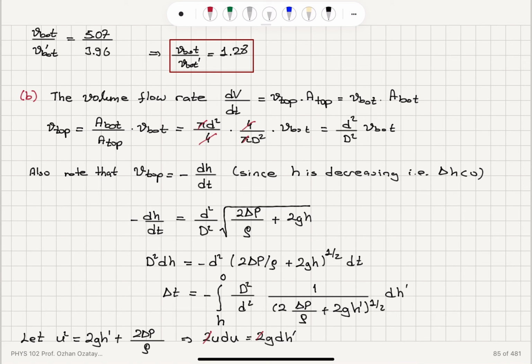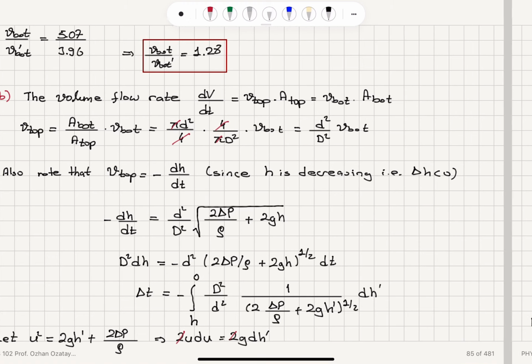Equating this to V bottom, and since the area of the top surface is still much greater than A bottom, throughout this flow V top is much less than V bottom. So this equation is still valid for V bottom, the one we obtained in part A. We solve for delta T by integrating this equation from an initial height H to a final height 0.